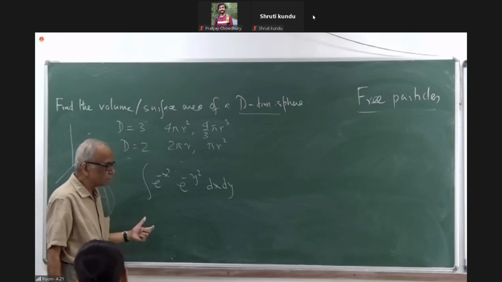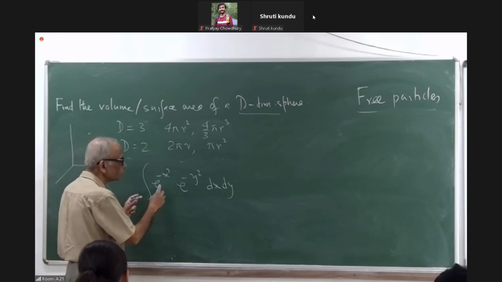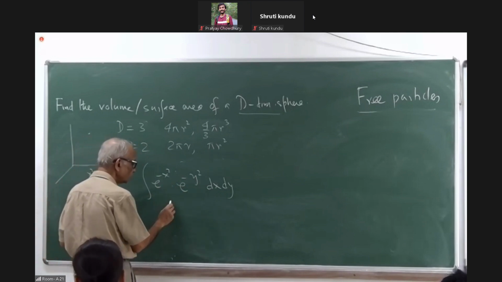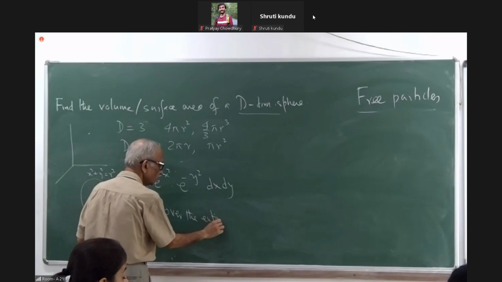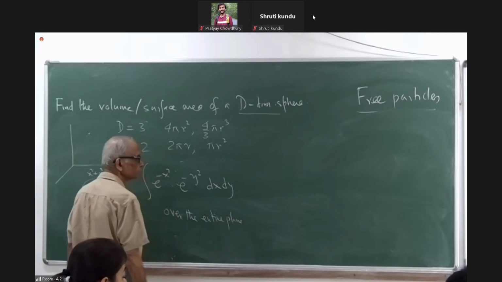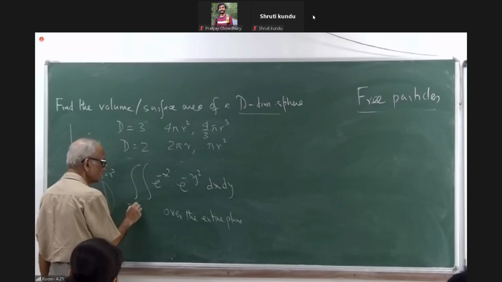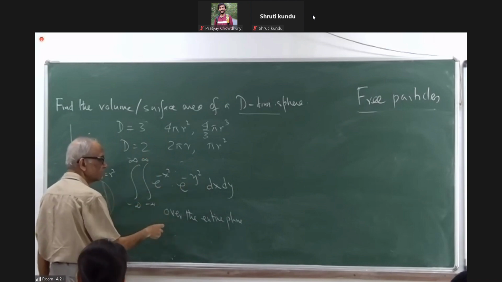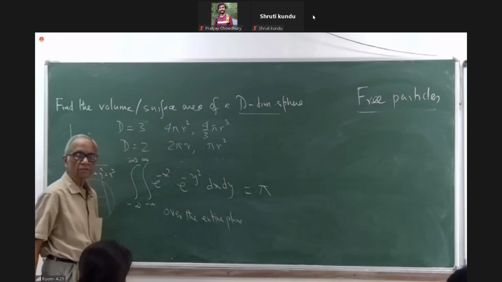Instead of keeping it within the circle, I want to do this integral over the entire plane, with dx and dy both going from minus infinity to plus infinity, and the integrals factor. Each gives me a square root of pi, so the answer is pi.